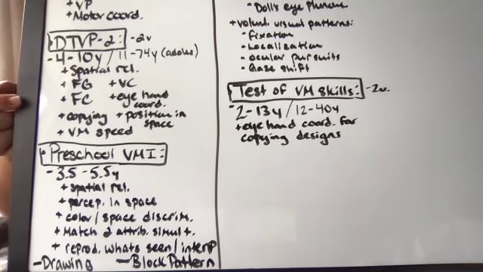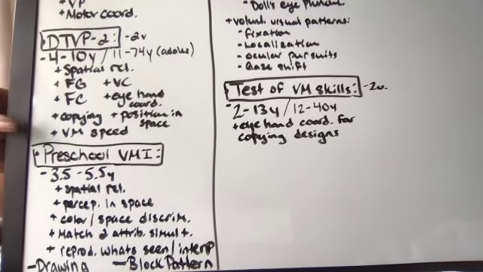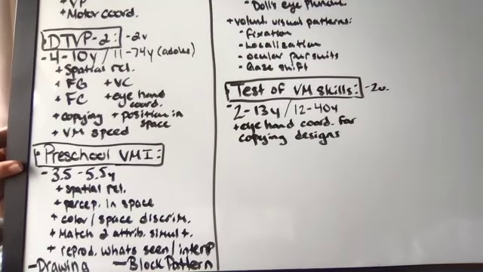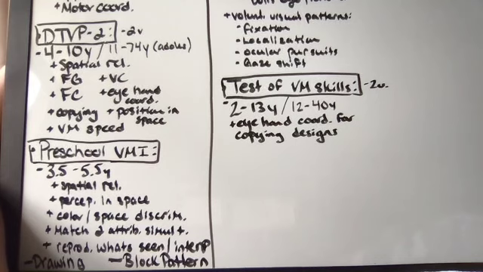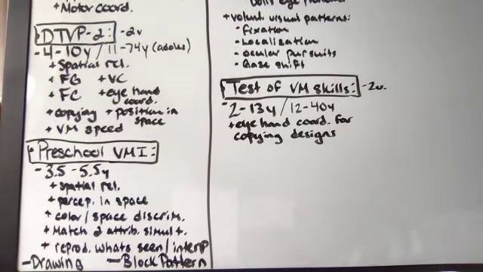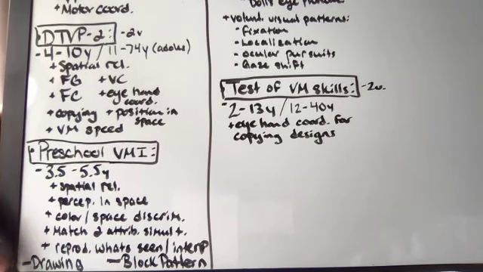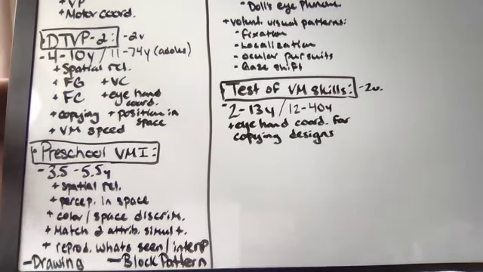Then we have the Preschool VMI, or the PVMIA. The age range is 3.5 to 5.5. And this one has 2 subtests. The subtests are here at the bottom. They have a drawing subtest and a block pattern subtest.